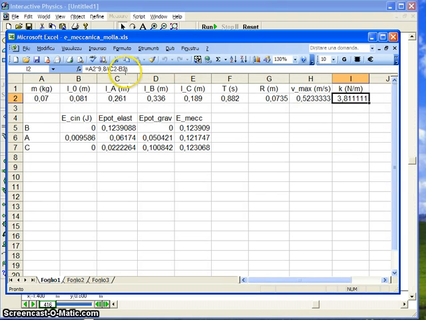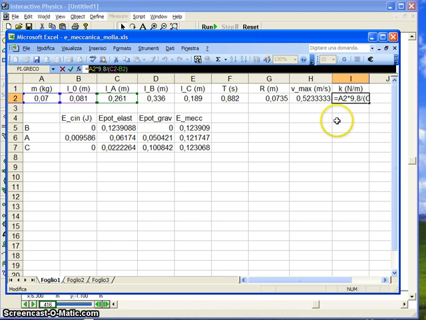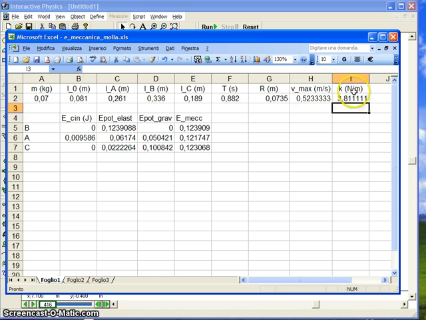You put this formula in this cell, and you have the K, the elastic constant of our spring.